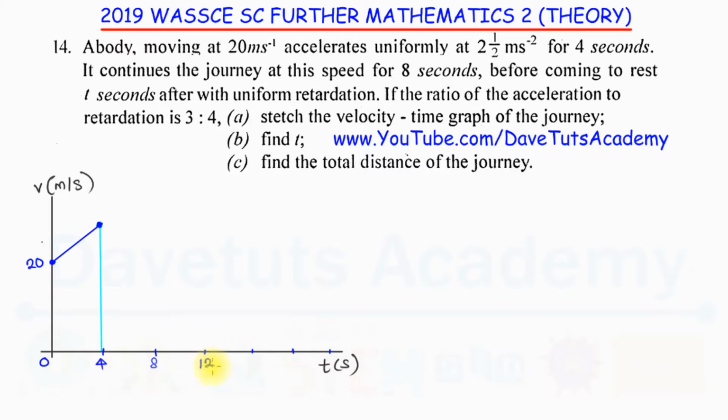So this is where it's going to get to, and I can denote that by drawing on the velocity time graph, and then I can point this down that yes, this is on the 12-second mark.